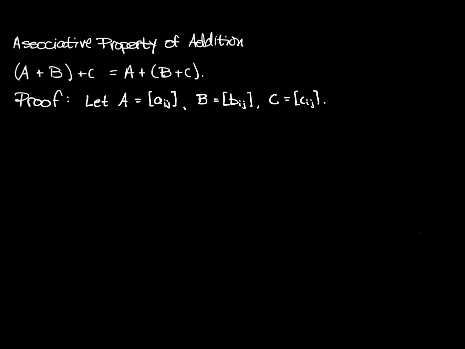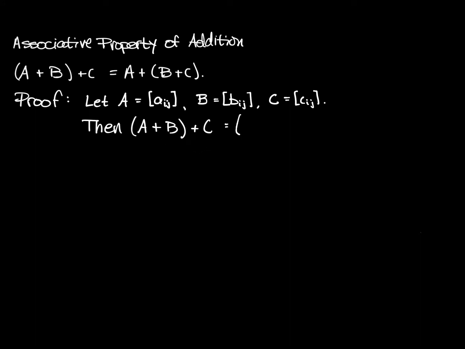And then I can say, let's see, then (A + B) + C: matrix A plus matrix B, do that addition first, and then we'll add matrix C to that.